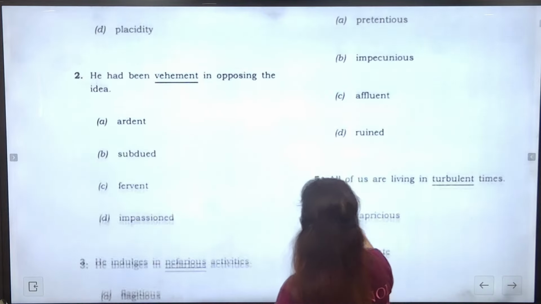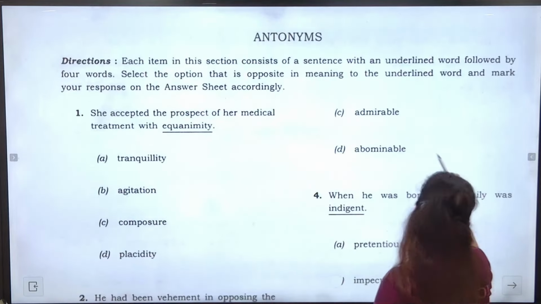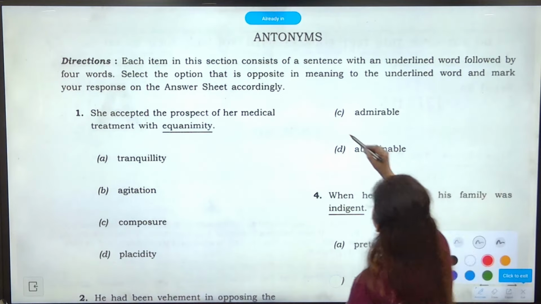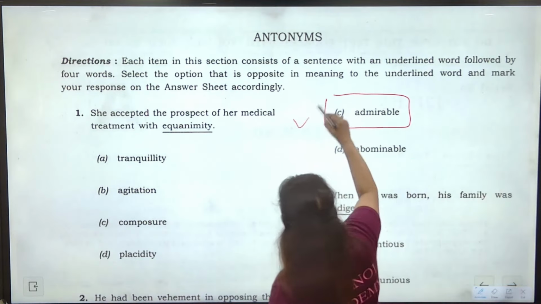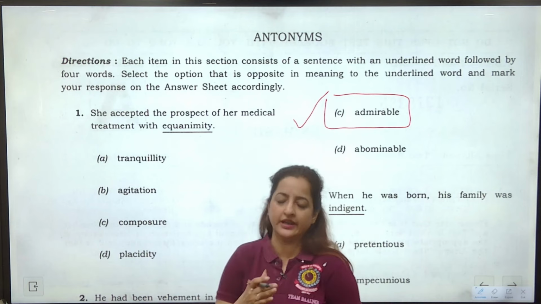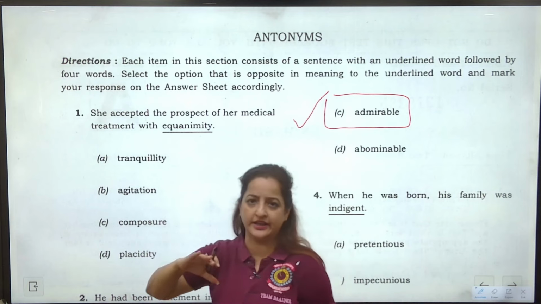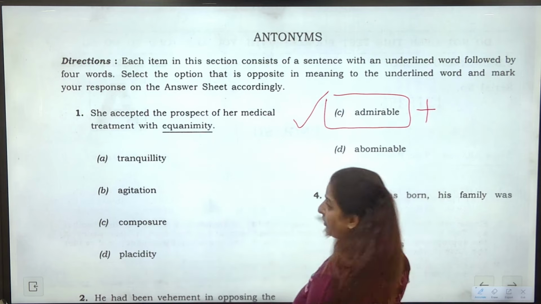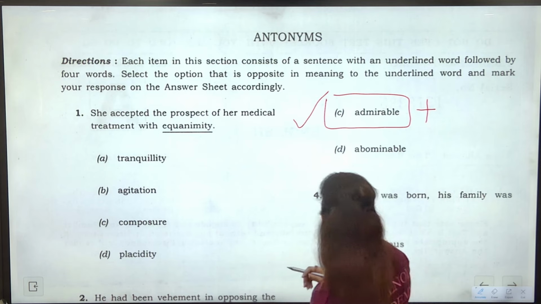So, एक ही positive word बचा है, which is admirable. Therefore, the correct answer is admirable. So, did you notice the trick I am doing? Tone of the word देखा करो, ना word positive है या negative है, क्योंकि nefarious negative था, so antonym में एक positive word चाहिए. Okay.